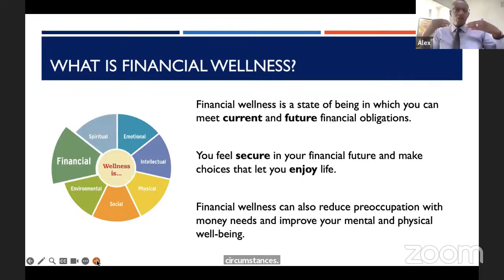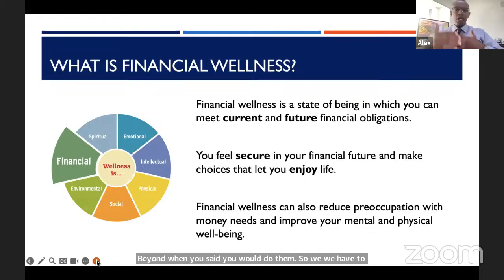So we have to have a team that makes sure we keep the ball rolling beyond when your effort and the decision in January to set goals set in, but by March you're like, I have no time to keep up with this thing. You always need somebody to help you keep up the pace to ensure that you can achieve the goals. And it's true, not everybody has the character to do that. So we have a team that helps you do that.